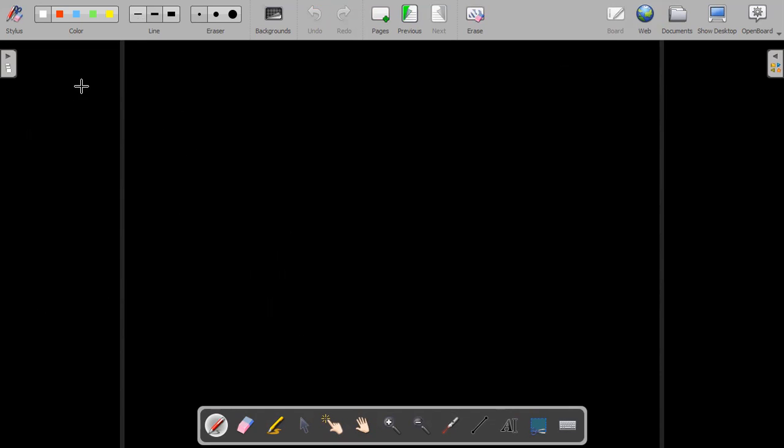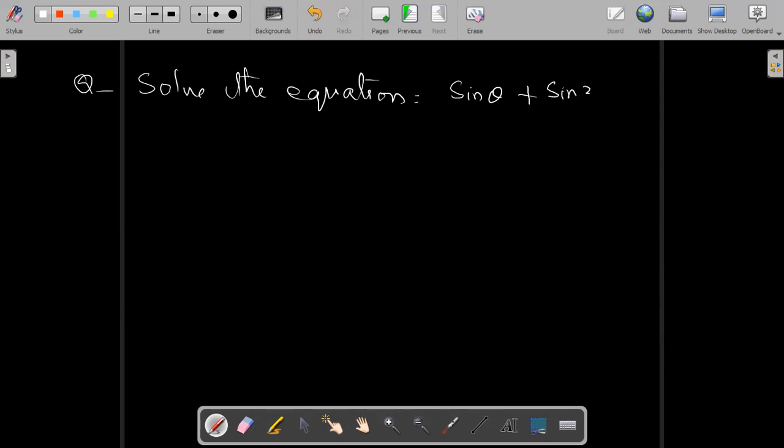For example, solve the following equation: sin theta plus sin 3 theta plus sin 5 theta is equal to 0. This equation we have to solve.